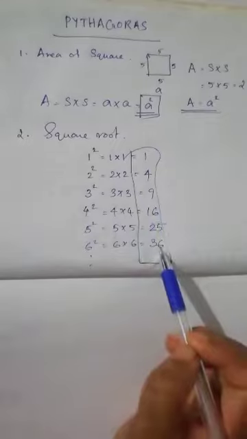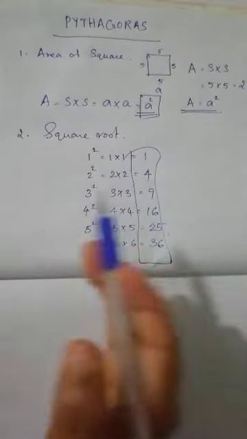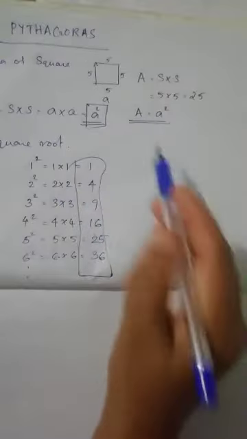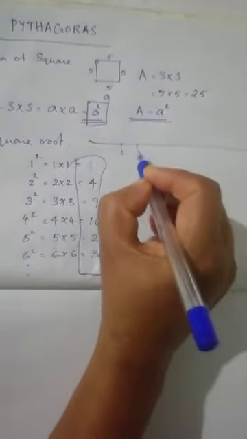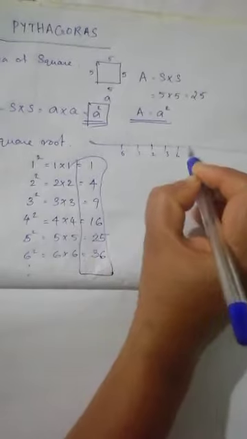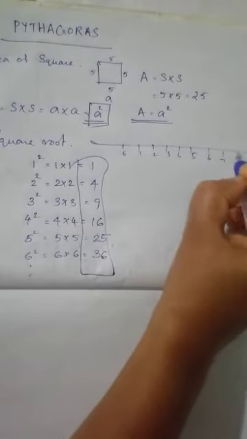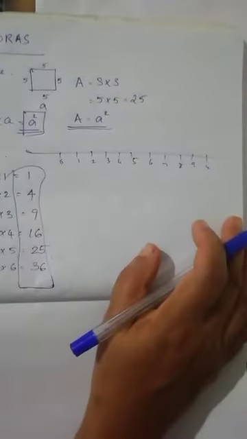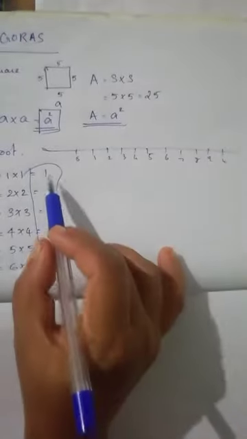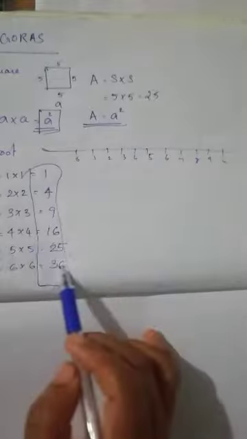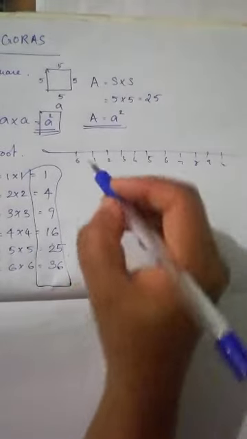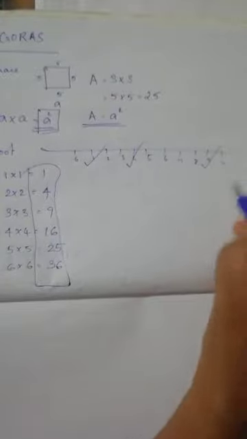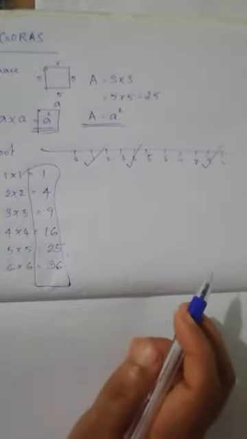Now we see where these square numbers are positioned on the number line. So many numbers are there on the number line: 0, 1, 2, 3, 4, 5, 6, 7, 8, 9, 10, and like that we can write many more. But only some of these are square numbers. 1 is a square number, 4 is a square number, 9 is a square number, 16 is a square number.